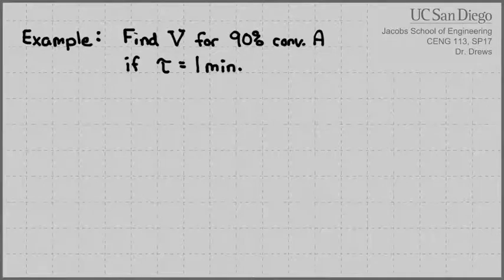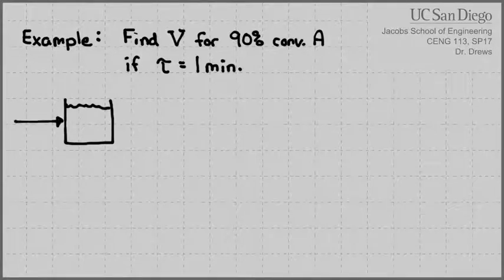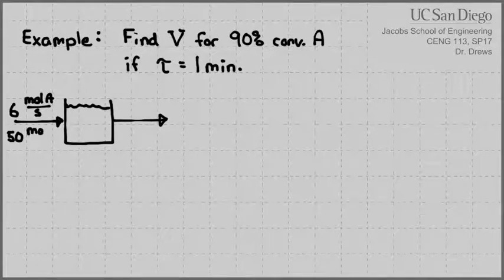So the figure that we're going to be worried about is a CSTR that looks like this. Some people, by the way, like to draw their CSTRs like this, putting their flow rates like that. It really doesn't matter how you choose to draw it. There's going to be 6 moles of A entering per second, along with 50 moles of an inert per second.